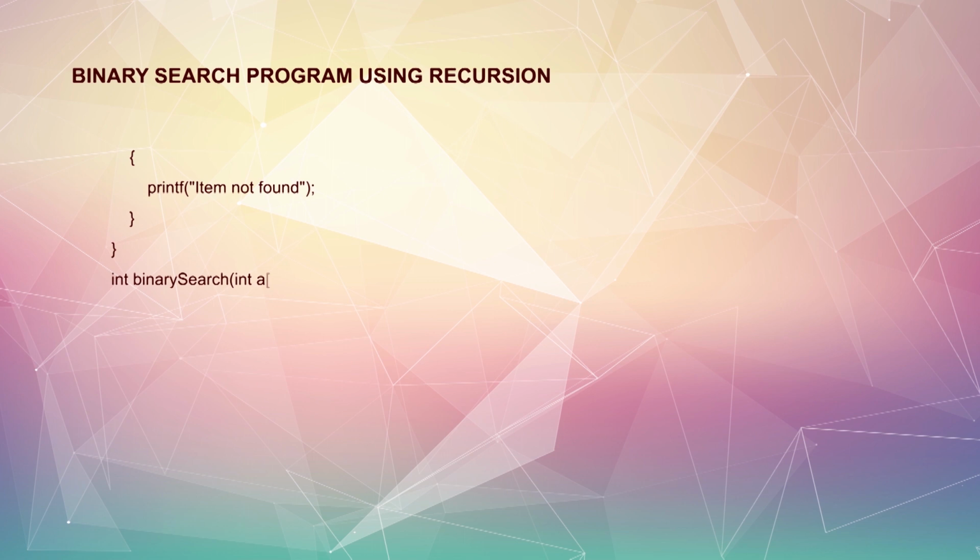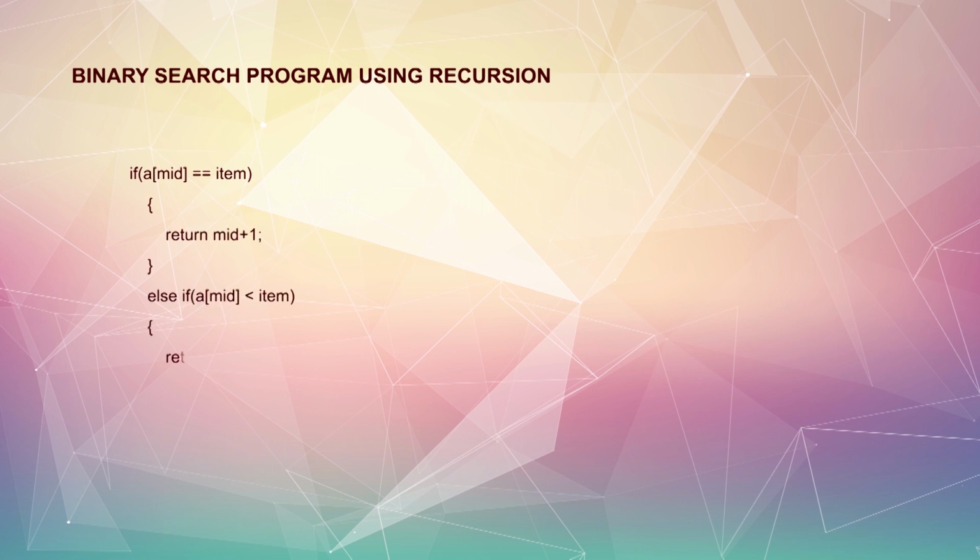In int binary search, with the same parameters, inside this structure, if end is greater than or equal to beginning, this is the range we want to follow. Inside this structure we find the value of mid: mid equal to integer of (beginning plus end) by 2. If A of mid equals item, then return the location.